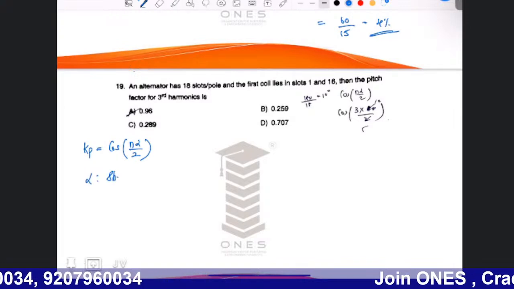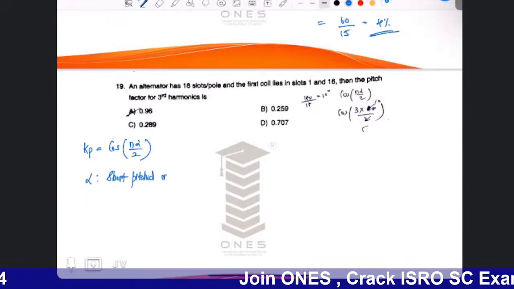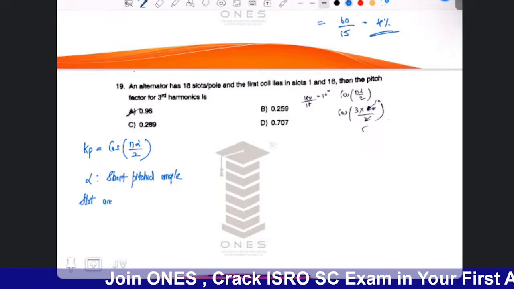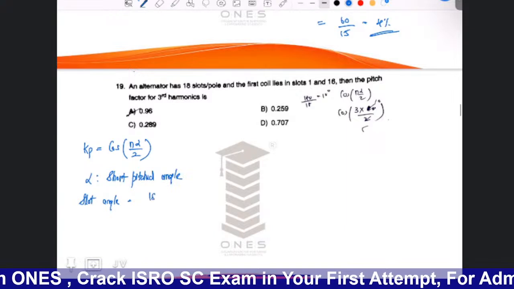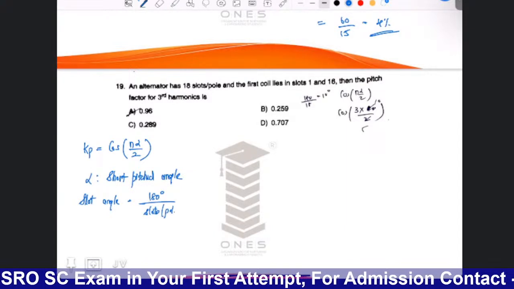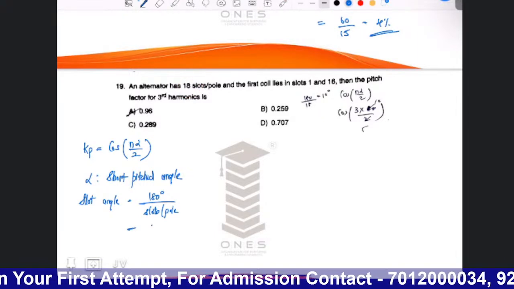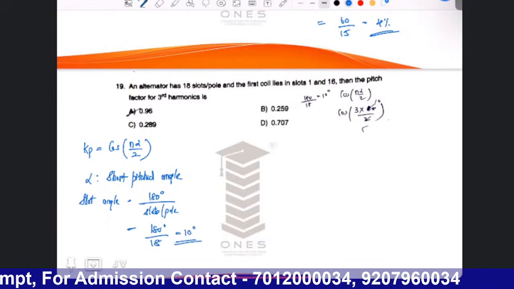Alpha is the short pitched angle or chording angle. Here, what is slot angle? Slot angle means angle subtended by one slot, that is equal to 180 degree by slots per pole. And slots per pole is how much? It is 18. So it will be equal to 180 by 18, that is 10 degrees.